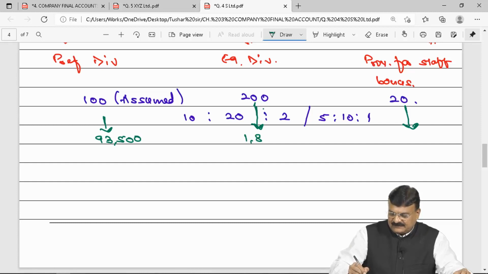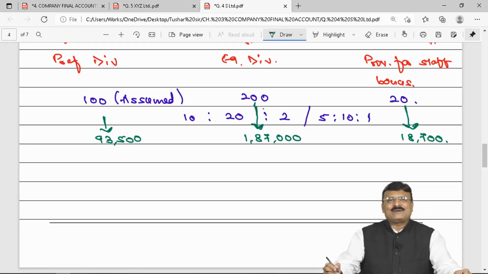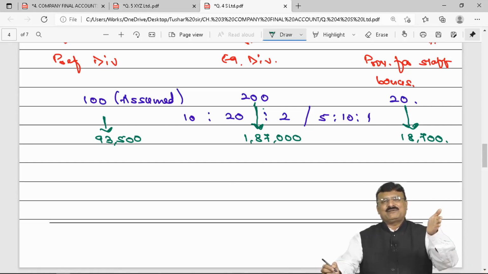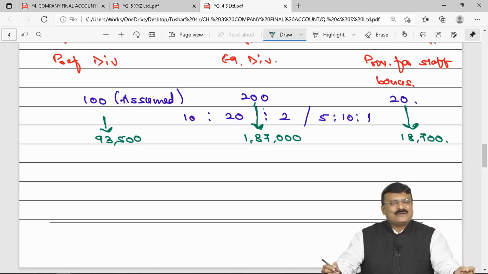This is double of 93,500, 1,87,000, and this will be 10%, 18,700. Distribution of surplus profit among preference shareholders, equity shareholders, and 10% of equity shareholder to staff. That was a typical sum, repeated twice or thrice asked by ICAI in the past.